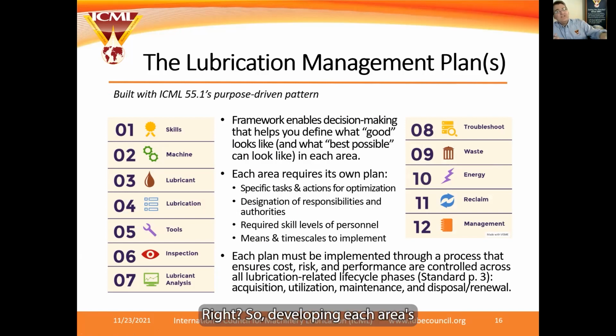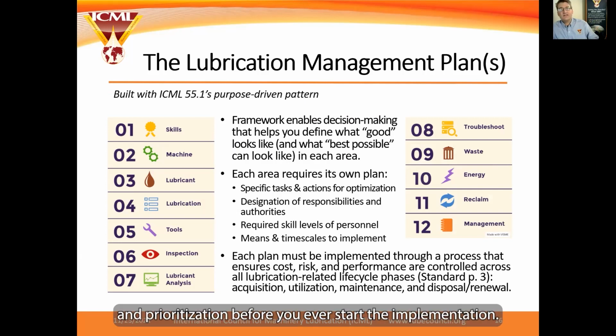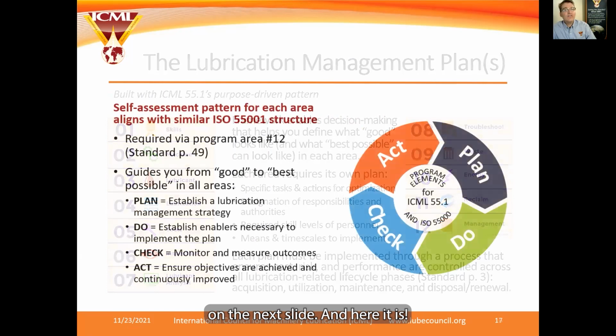So developing each area's lubrication management plan here is very similar because it requires assessment and goal setting and prioritization before you ever start the implementation. And that's what plan is in Plan, Do, Check, Act on the next slide.